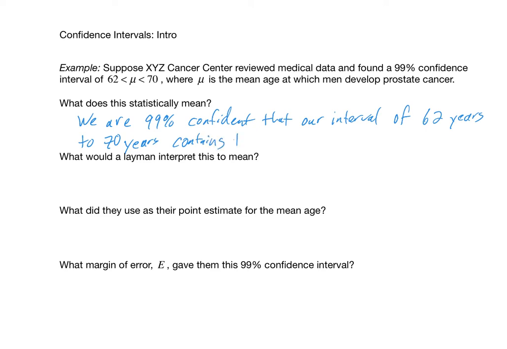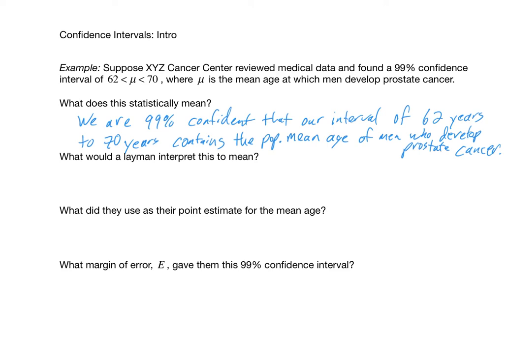So it contains the population mean, I'll just abbreviate that as POP just to save a little space. It contains the population mean age of men who develop prostate cancer. So that's the precise interpretation statistically of what this means.